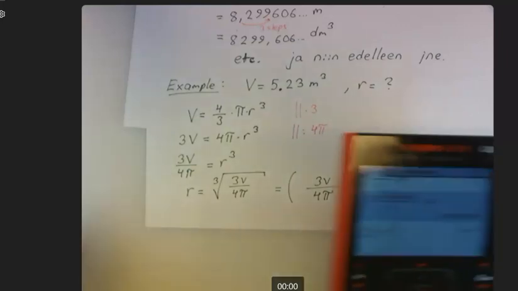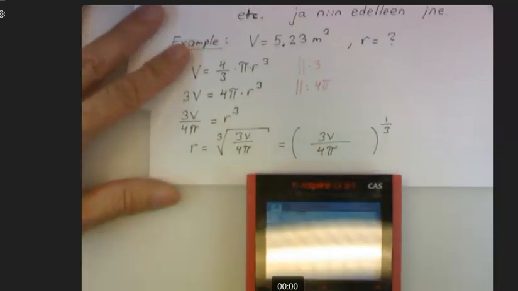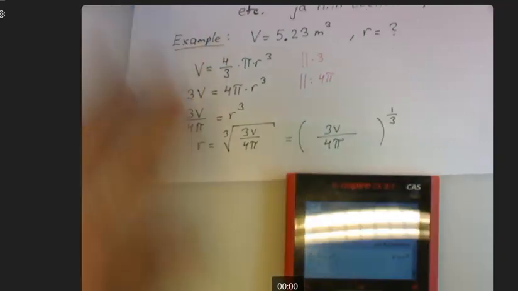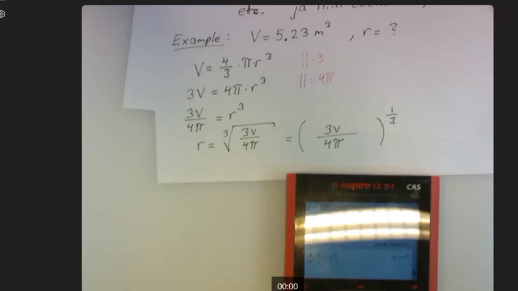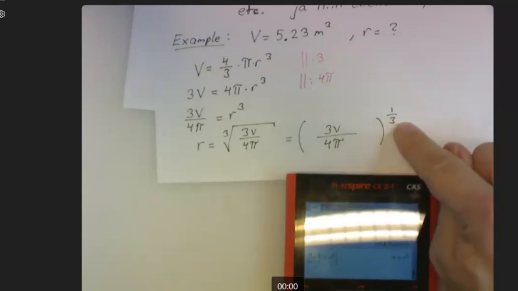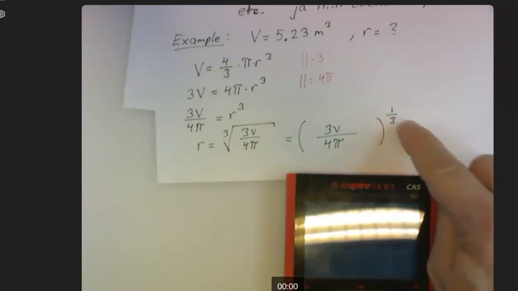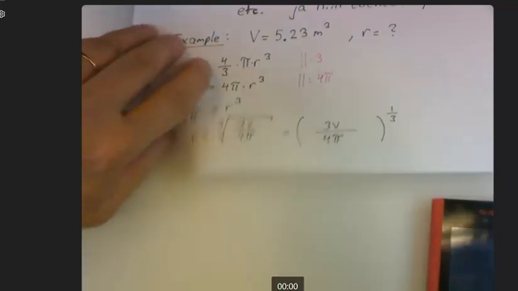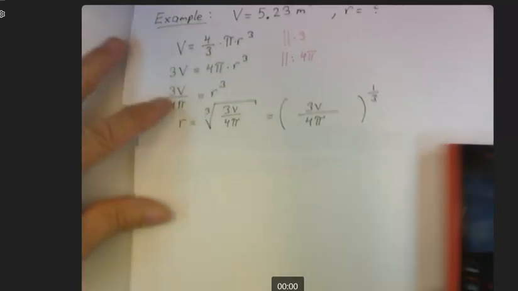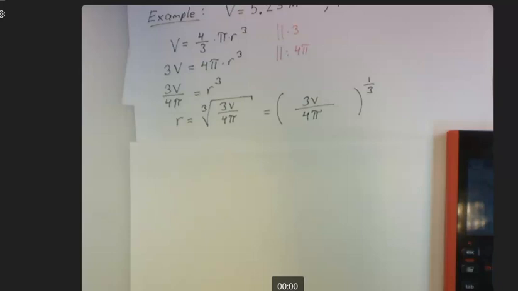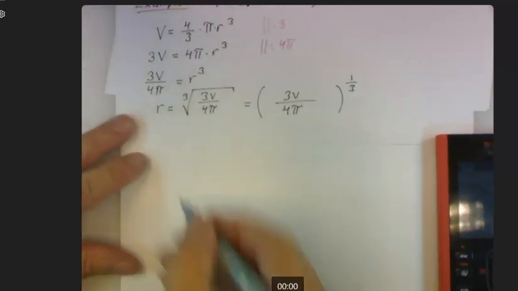For example, in this calculator, I many times calculate first the value of the number inside the root sign, and then I raise it to the exponent or power 1/3. It is many times a quicker and easier way to get that root.